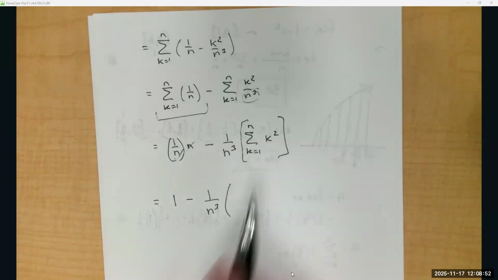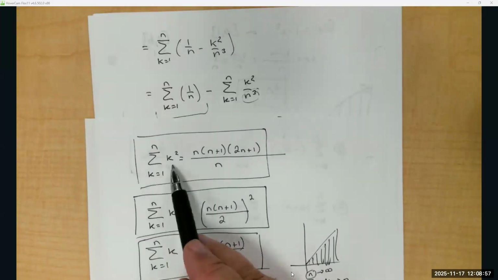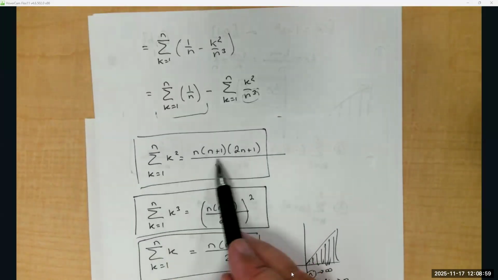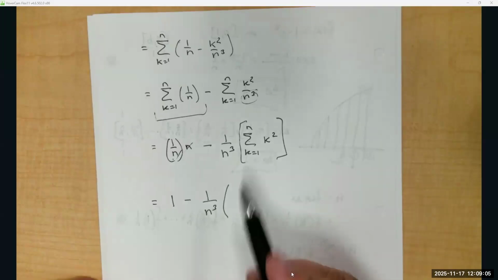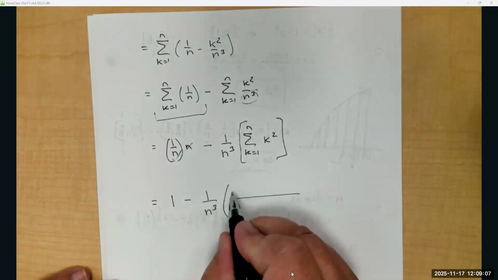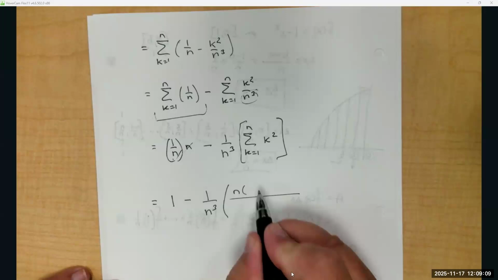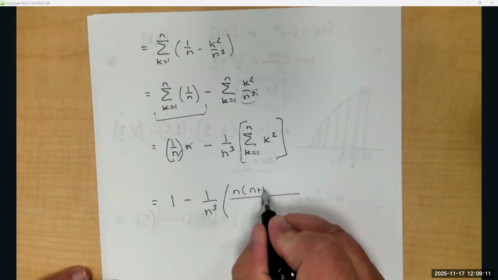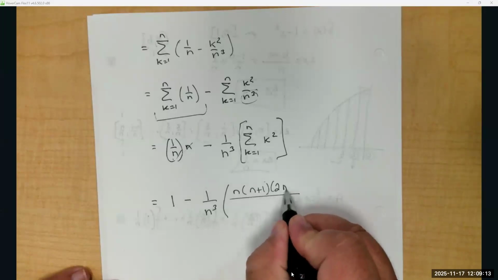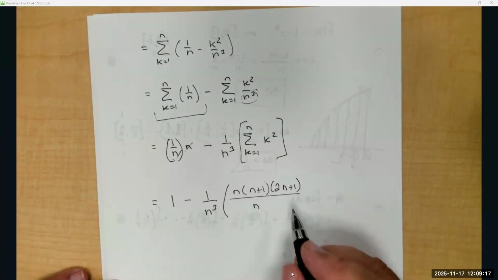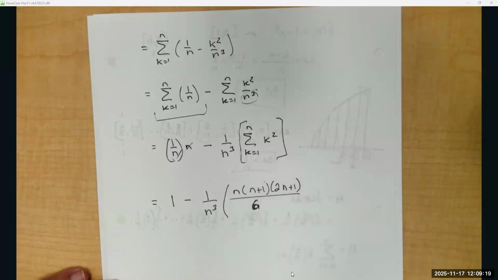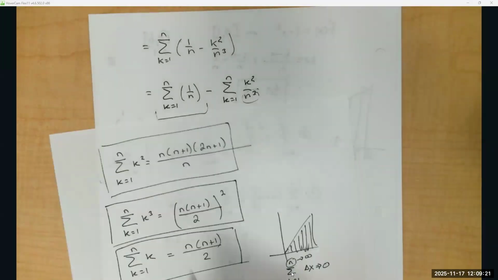What is the summation of k squared? The summation of k squared is this equation here: n times n plus 1, 2n plus 1 over 6, not n. This is 6.